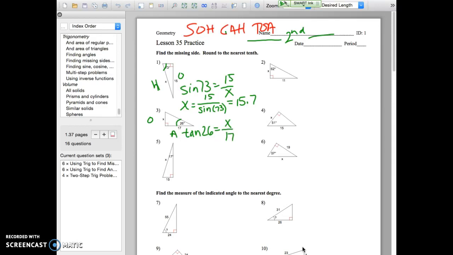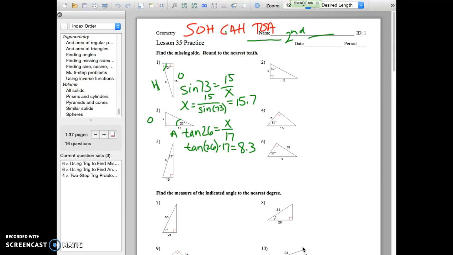You'll notice here that 17 is in the denominator, x is in the numerator, so this is just a simple multiplication problem. You just literally type in the tangent of 26 times 17. Notice that the 17 cannot be inside the parentheses, or you get the wrong answer. You get 8.3. All right, so if x is in the denominator, you're going to divide. If x is in the numerator, you're going to multiply.